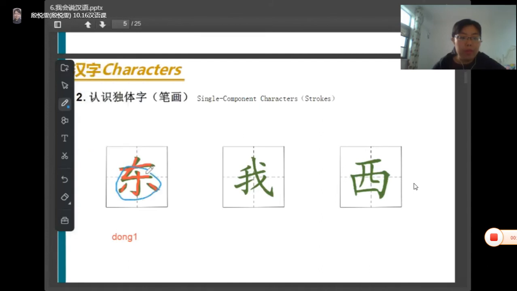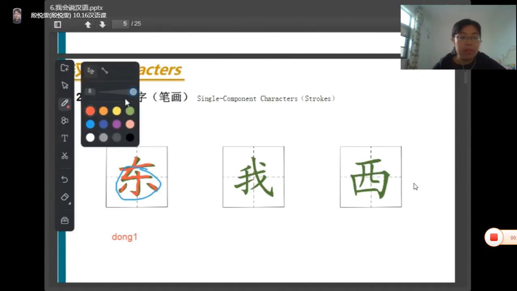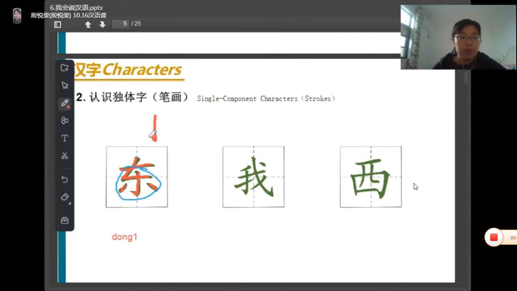What's the meaning of this part? This one is 小, right? It means small. Okay, next one.